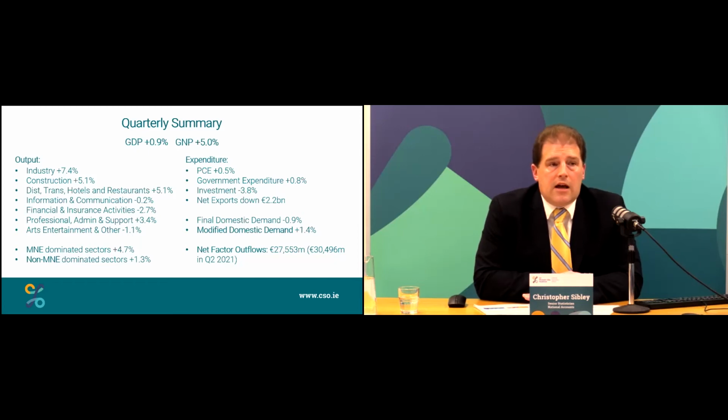But roughly, the important point to draw out is the non-M&E data on one side growing 1.3, and on the other side, modified domestic demand growing at 1.4%, with GDP for this quarter quite tightly in line with that at 0.9%. So I'll pass over to my colleague John Sheridan now to take you through the international accounts.